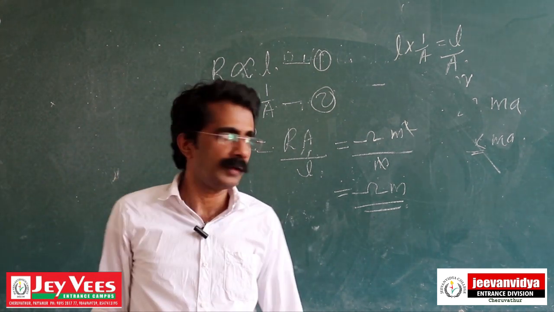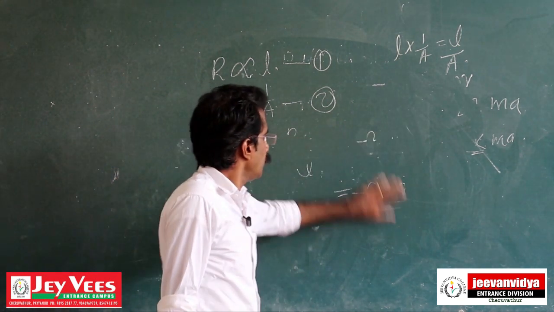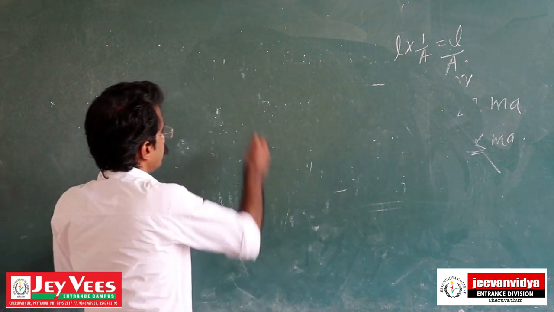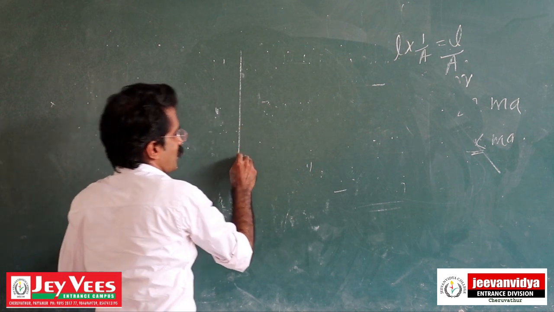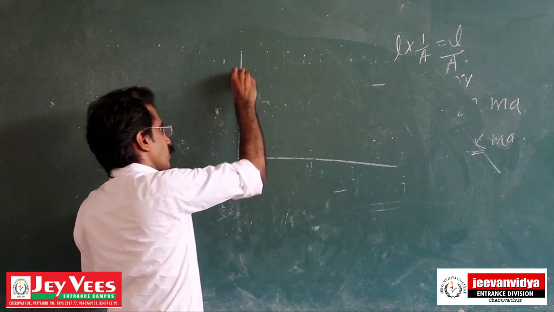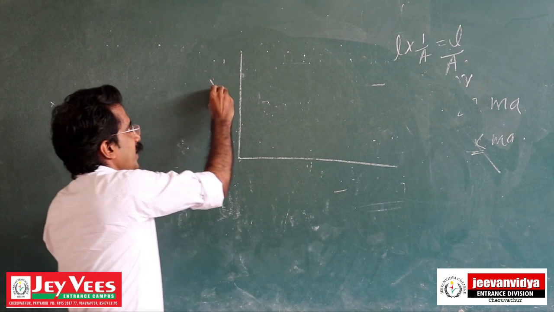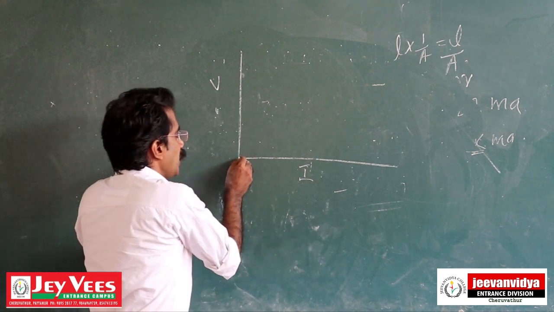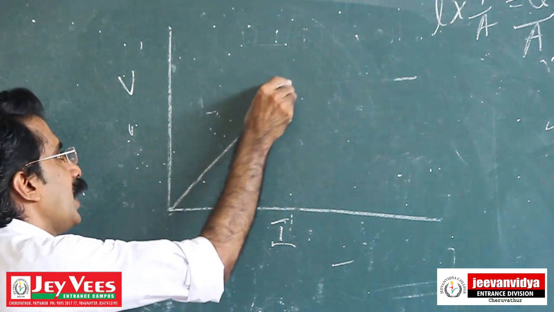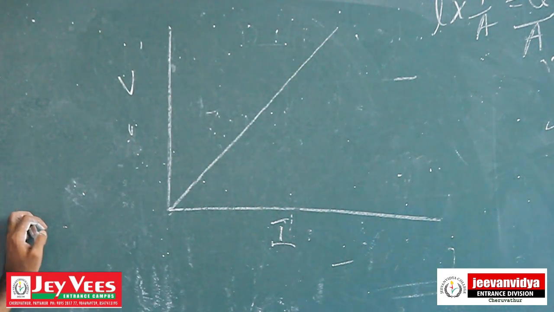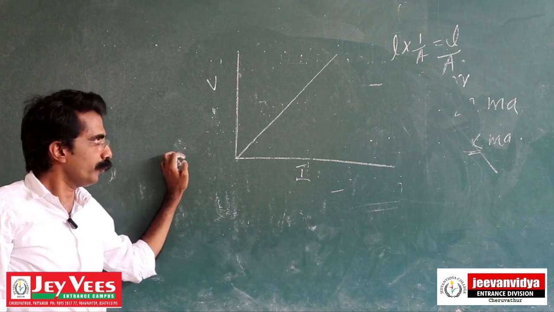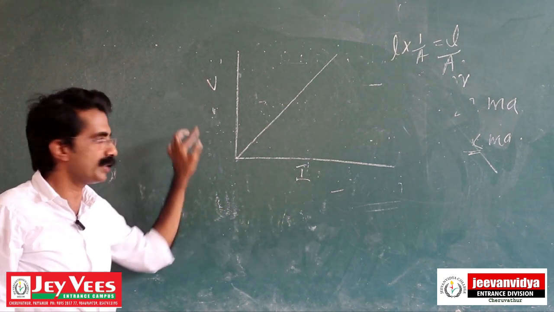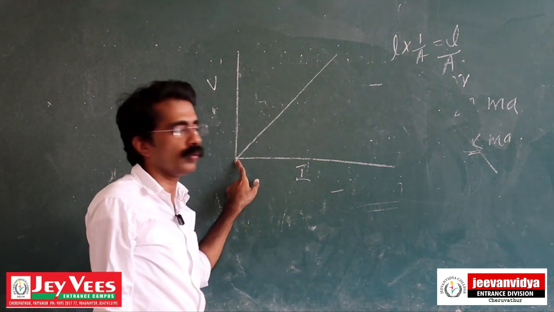Okay. Then, in the case of Ohm's law, there is a relationship between V and I. The relationship of V and I is a straight line passing through the origin, because I is directly proportional to V. So we get a straight line passing through the origin.